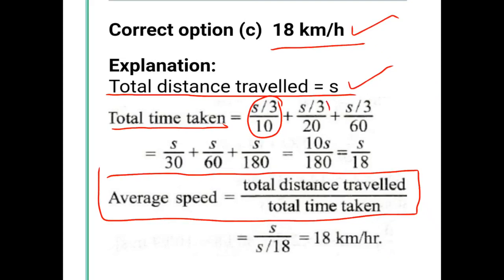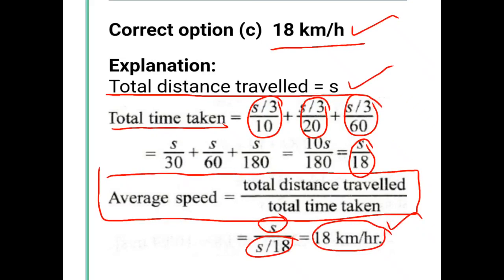In the same way, S by 3 is distance, 20 is speed, S by 3 is distance, 60 is speed. If you simplify it, you will get S by 18, which is the total time taken. So total distance traveled is S and total time taken is S by 18. On the whole, you will get 18 km per hour as the average speed.